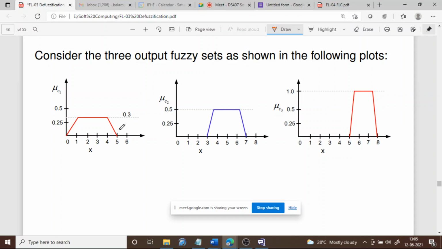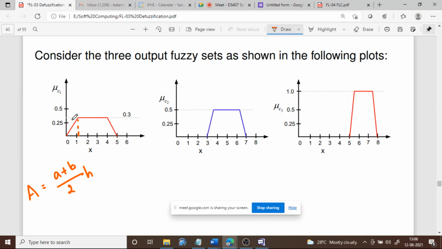The area under a trapezoid is given by this formula: area A is equal to (A plus B) by 2 into H, where this portion is the height, the maximum height.